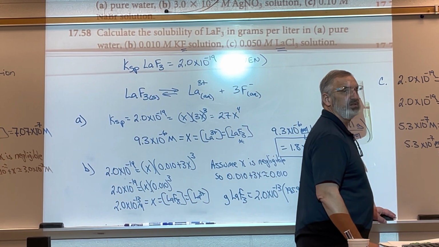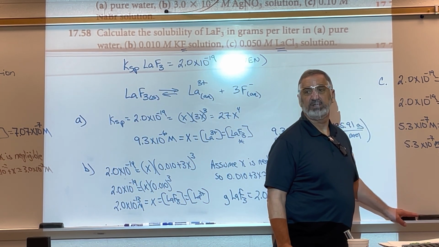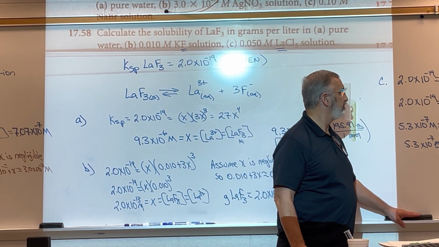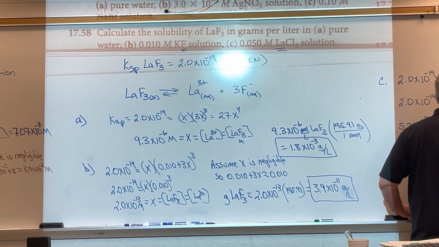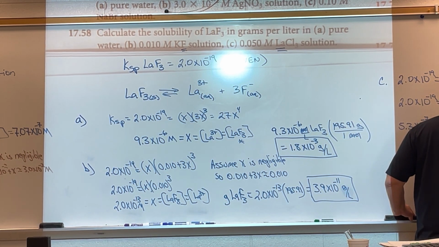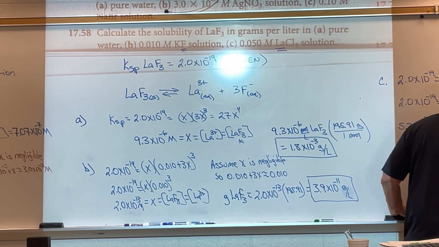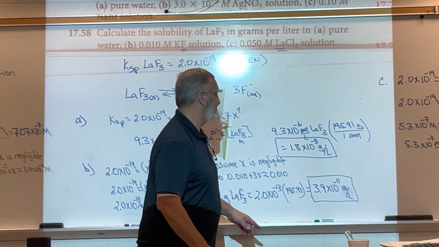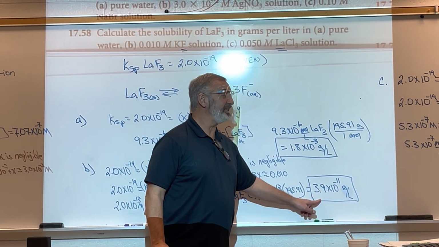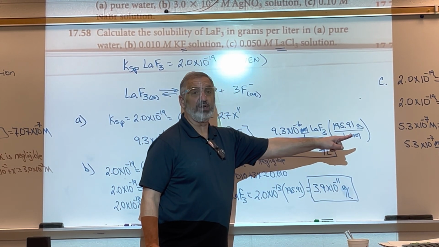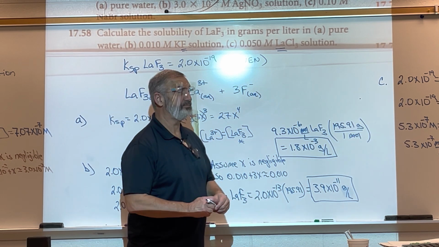That equals 1.0 times 10 to the minus 4. Okay, now notice, the last one took it to minus 11, this one only took it to the minus 4. Why?